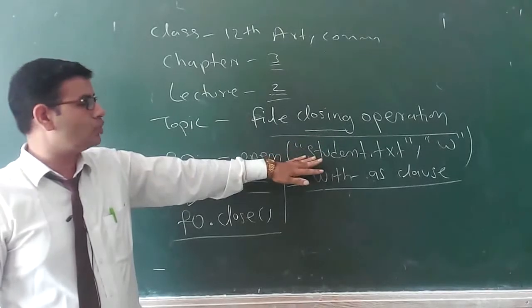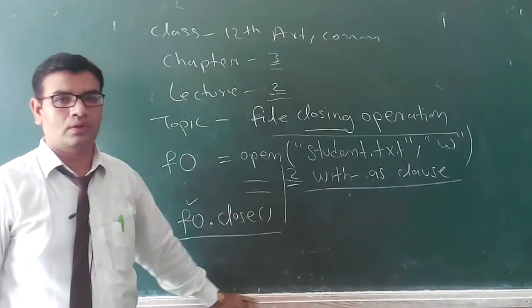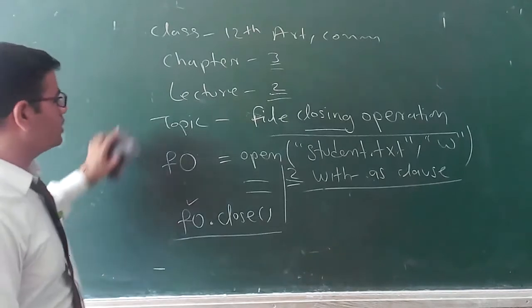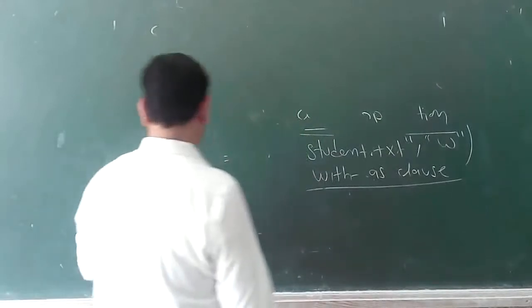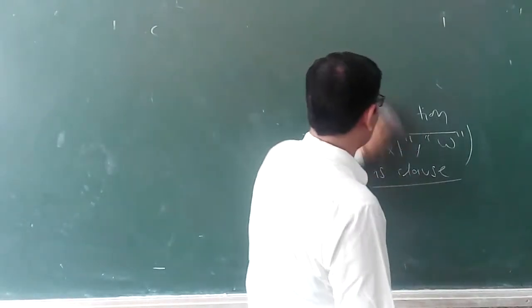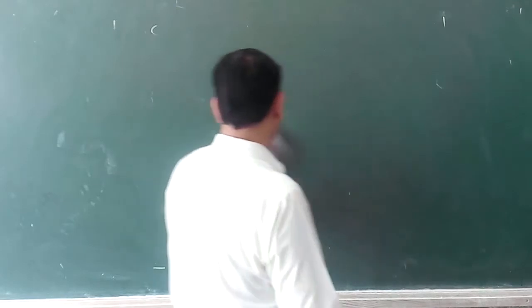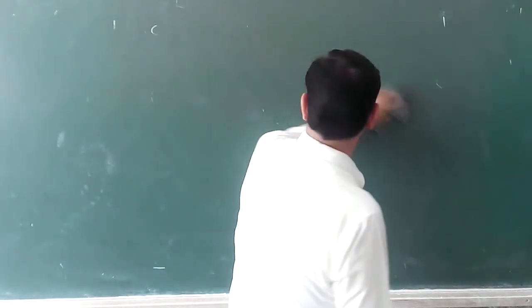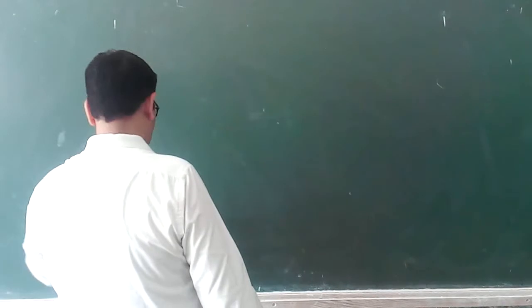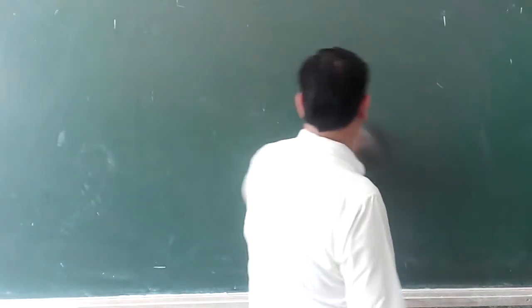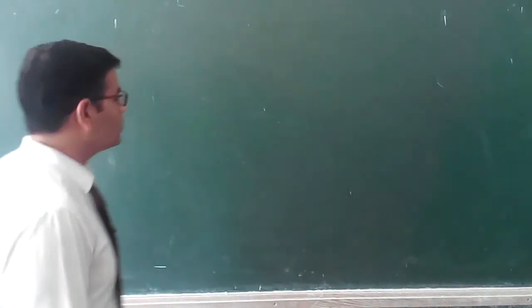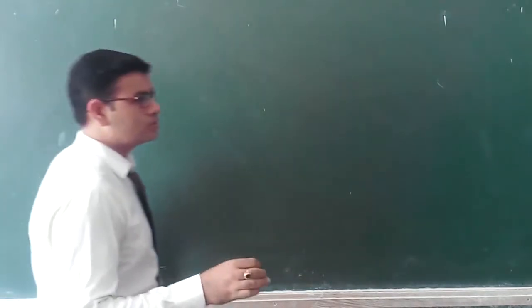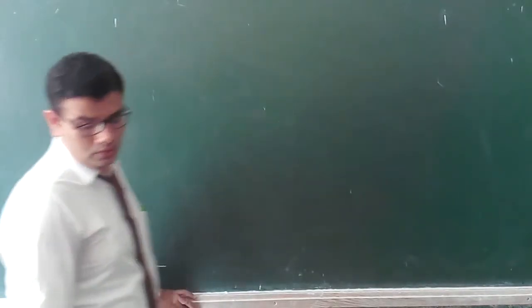For example, if we open 20 files simultaneously in our Python program, then how can we remember which file is opened and which is closed? The solution to this problem is the second method of closing a file, with as clause, because with as clause automatically closes your opened file.